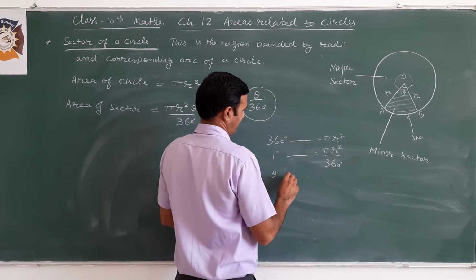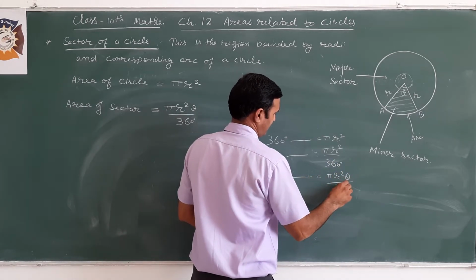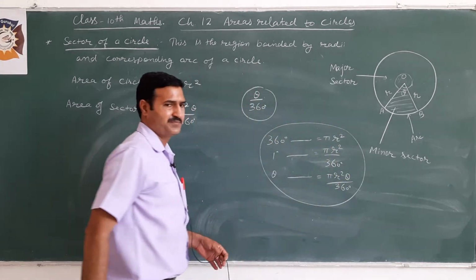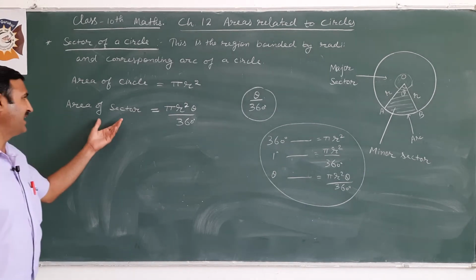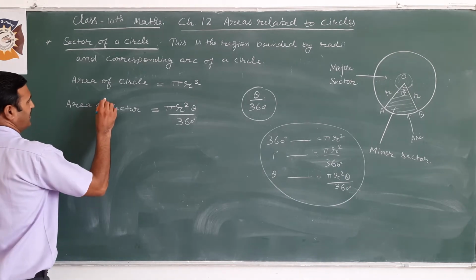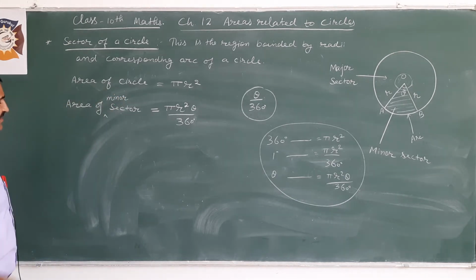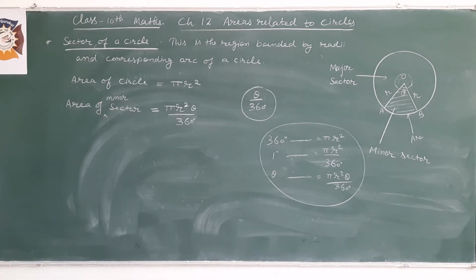And for angle theta, the area is pi r square theta upon 360 degrees. So in this way, we can find the area for angle theta only. So this is the area of minor sector only. If only sector is written, that means the minor sector is given, not the major sector.